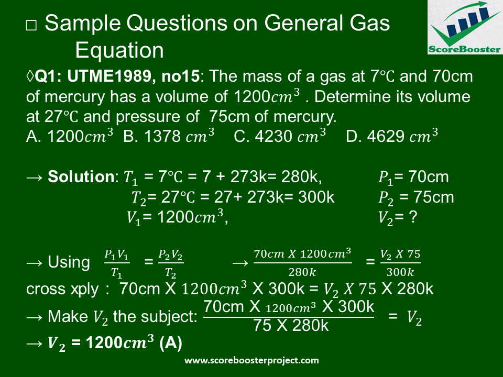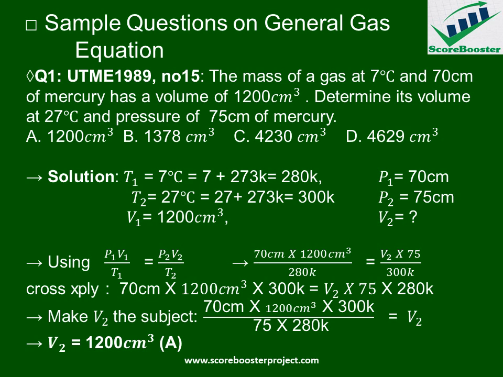So in substituting for the parameters, we will have P1, which is 70 centimeters, times V1, which is 1200 cm3, over T1, which is 280 Kelvin, equals P2, which is 75, times V2, which is unknown, over T2, which is 300 Kelvin. So we can cross multiply to get 70 times 1200 times 300 equal to V2 times 75 times 280.